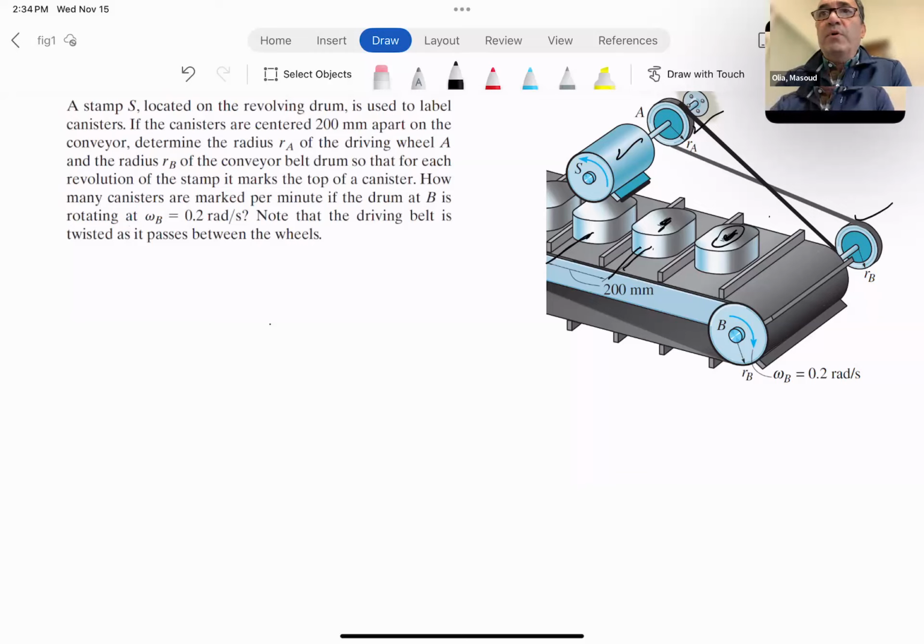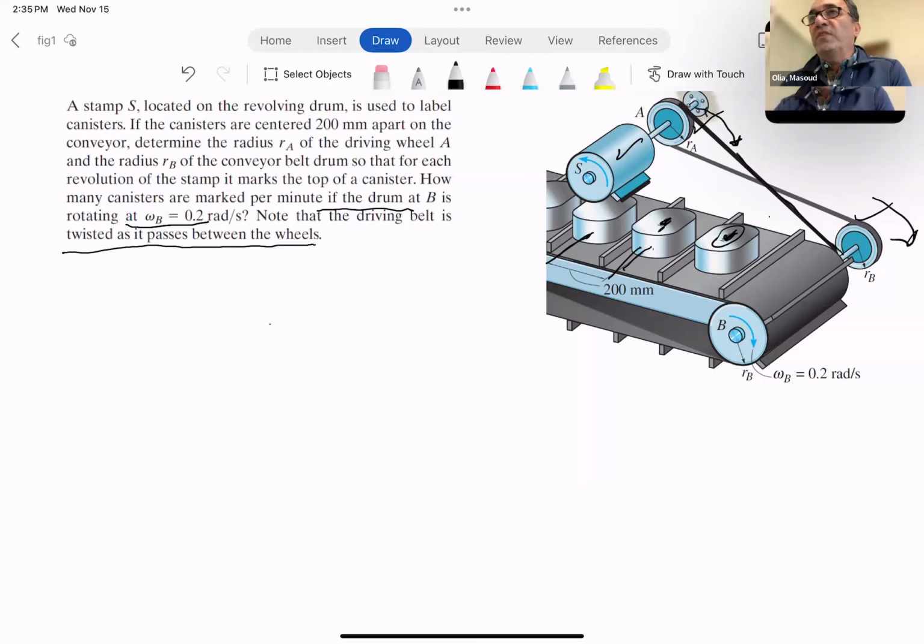And then there's a second part to this problem. The question is, how many canisters are marked per minute if the drum at B is rotating with a certain angular speed? And then it says that note that the driving belt is twisted as it passes between the wheels. Normally, if you have a belt going around two pulleys or two wheels, if this one is rotating this way, then the other wheel is also rotating in the same direction.